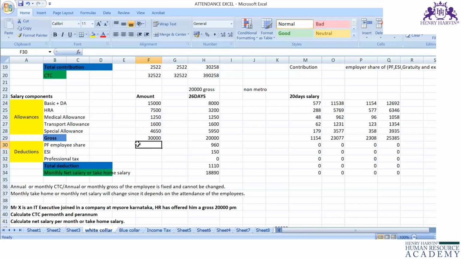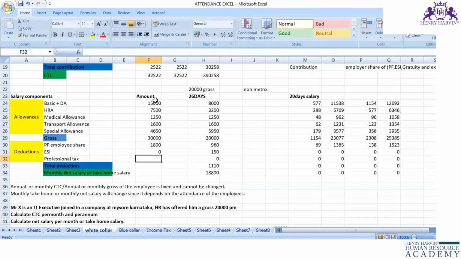Now EPF, the employee share. Same thing, 12% of 15,000 basic plus DA is the PF employee share. ESI 0. Professional tax, I will let you know how to calculate later.